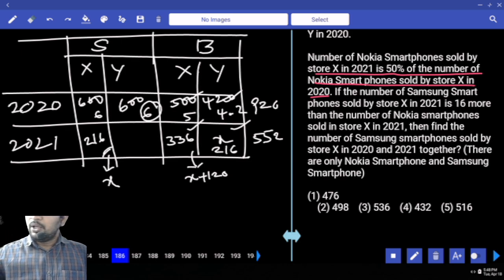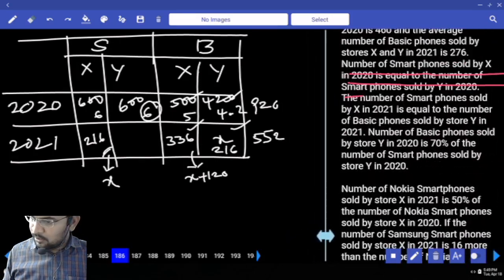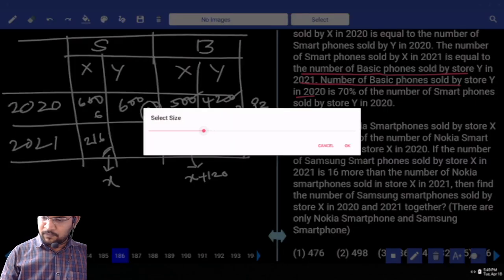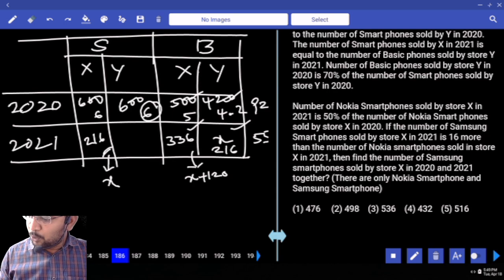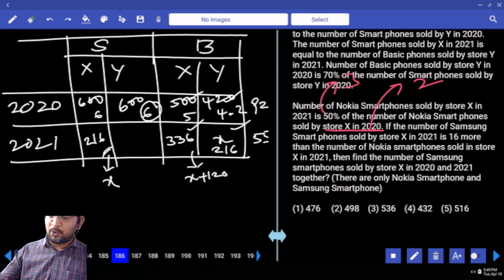Say for example, 2020 Nokia mobile phones are, wait. Now see here, 50% more. Here it is 2 parts, then here it is 3 parts, 50% more.